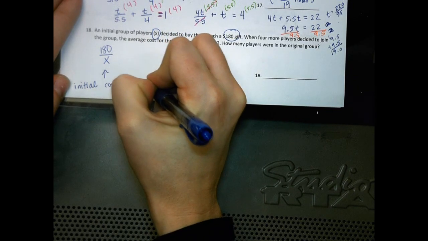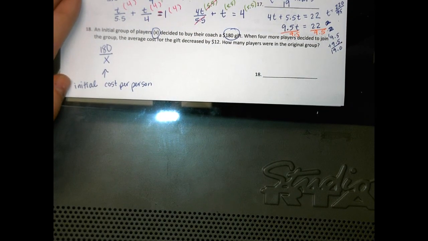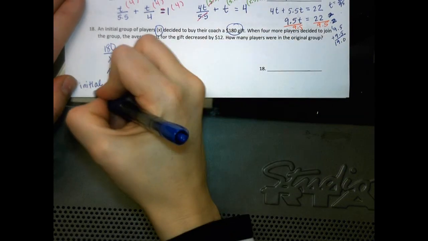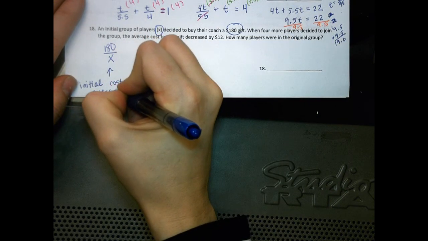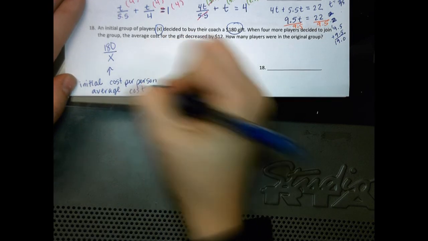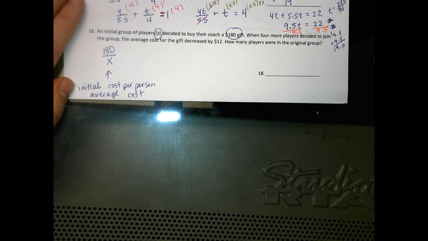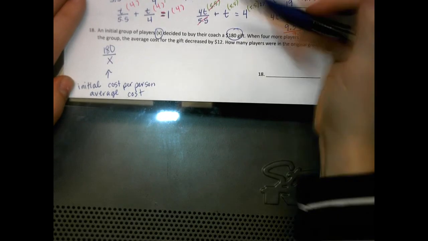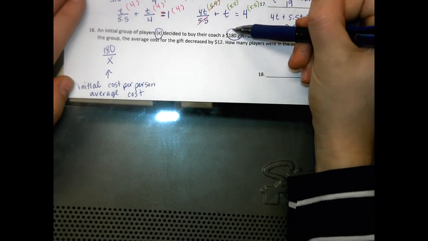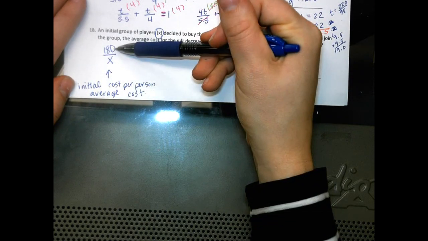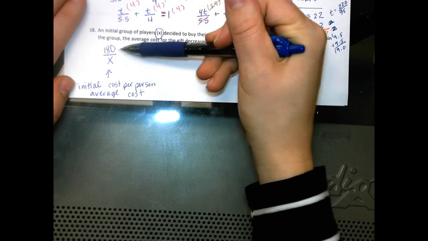If you talk about a cost per person, what's that called? Average cost. Okay, so if we split the entire amount by X amount of people, the average cost is initially 180 divided by the number of people.